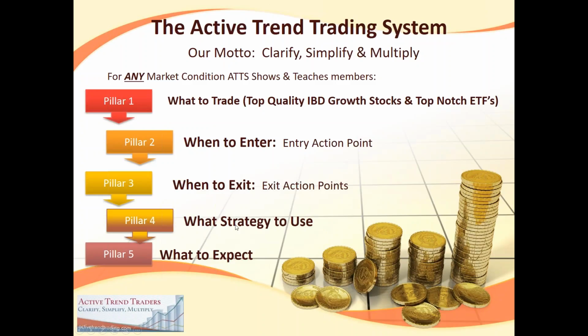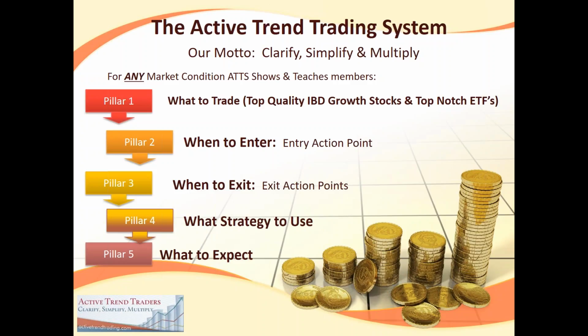Eric asked a question about pillar 4, what strategies to use, and I'll just elaborate on that a little bit. The strategies, as I have said before, I took one of those slides out that talked about how the Active Trend Trading System is the foundation for all the 3 strategies that we use.